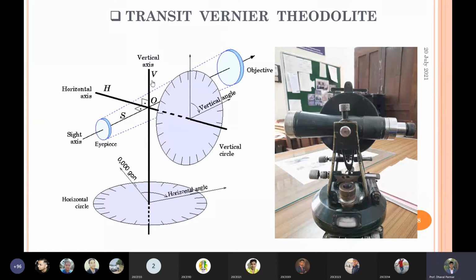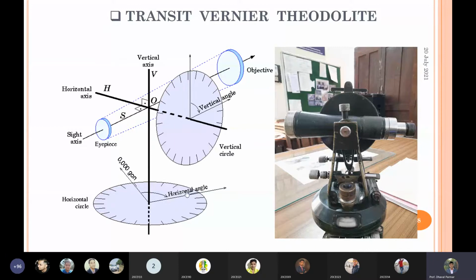Here in the figure you can see the horizontal axis and the vertical axis of a theodolite. I will explain the difference between transit theodolite and non-transit theodolite.